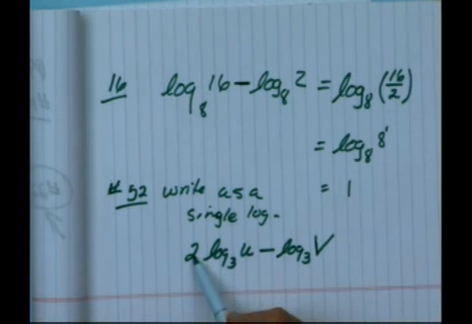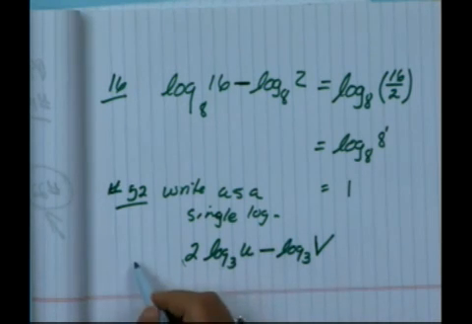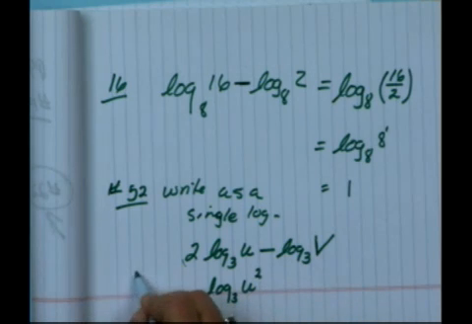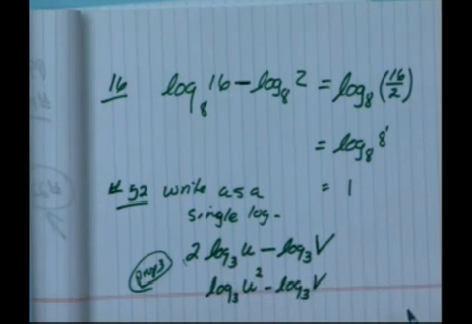How are you going to deal with this 2 that's in front of log to the base 3 of u? What does that 2 become? Where does it go? Exponent. That's the exponent for the u. That's property number 3. So we have log to the base 3 of u squared, property 3, minus log to the base 3 of v.